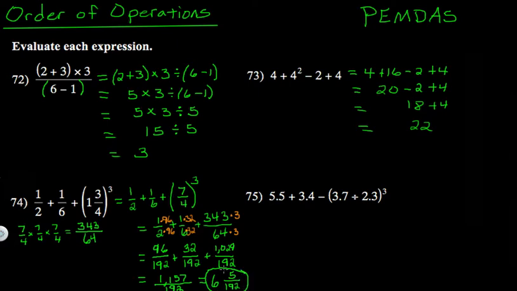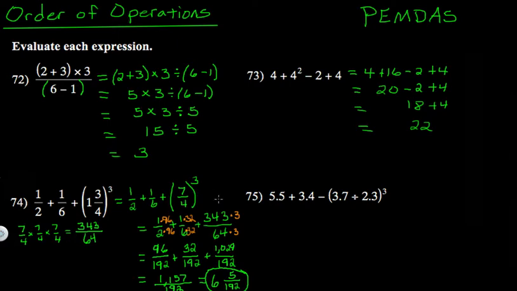All right, so this is our PEMDAS here. So the key here was to first evaluate our exponents. We changed the 1 3/4 mixed number to an improper fraction of 7/4. Okay, and then we cubed that.